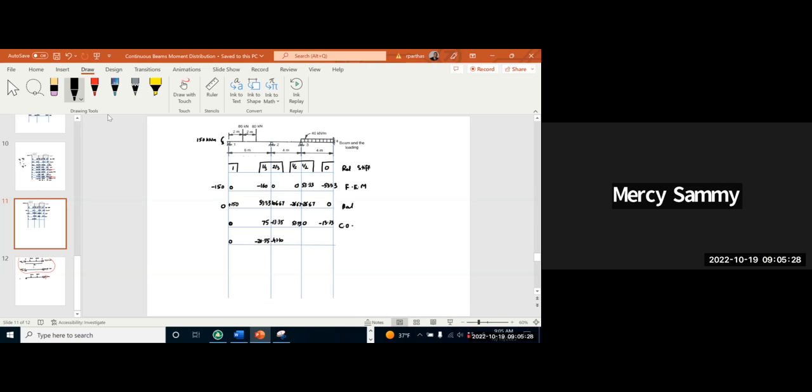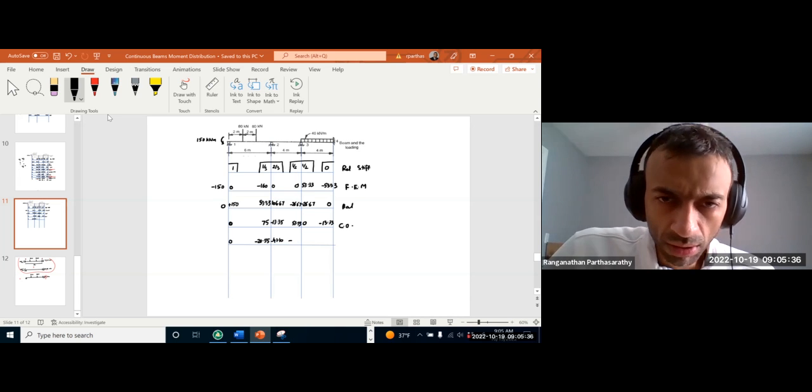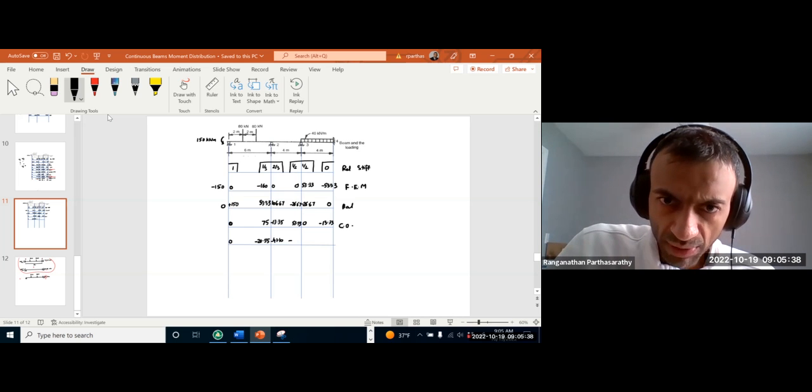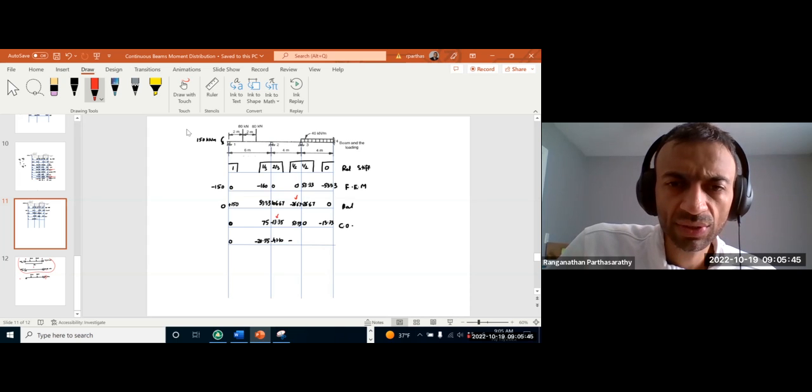So how are you checking? Like, how did you know that was supposed to be negative 13? Because from this one, half of it will get carried over here. So half of negative 26.67 is negative 13.3.